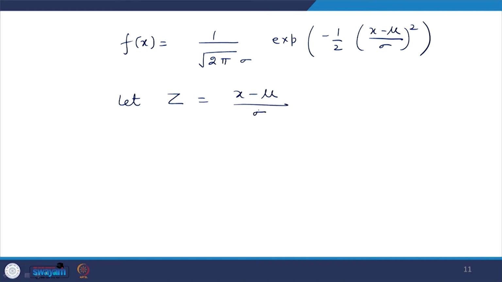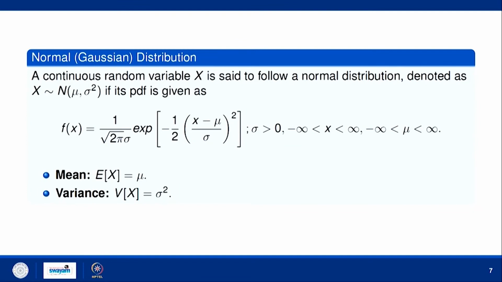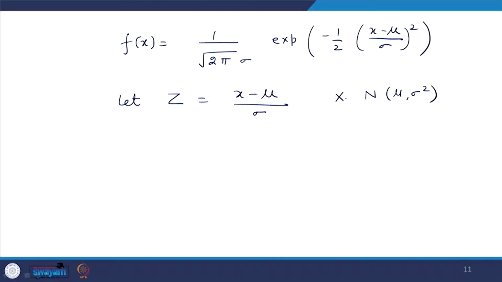If x is N(mu, sigma square), then in terms of z, the mean will be 0, and if you find the variance of z, it will be 1 by sigma square times variance of x, and variance of x is sigma square. So, sigma square will cancel out, so it is 1. This is called the standard normal variate. Basically, we have transformed this into N(0, 1).